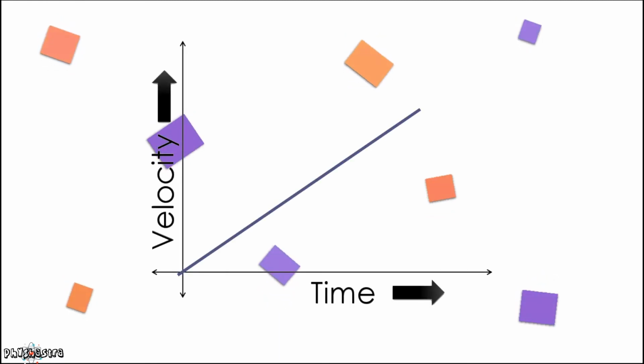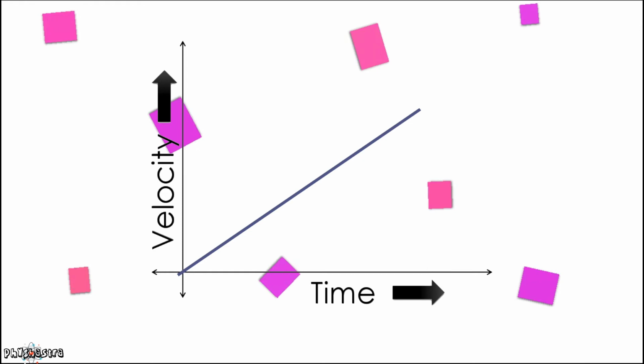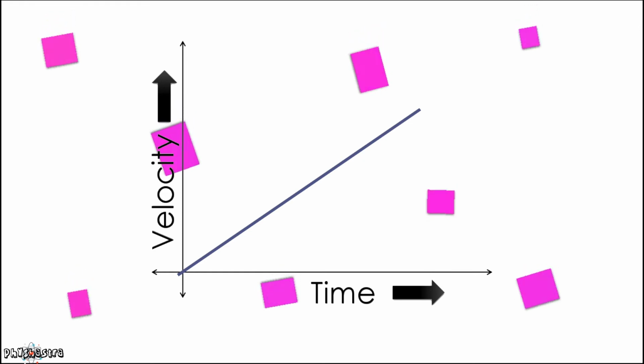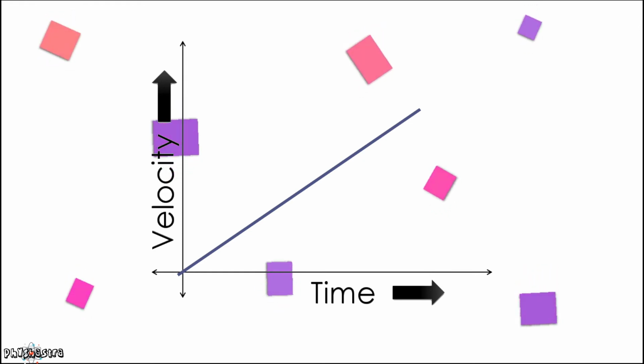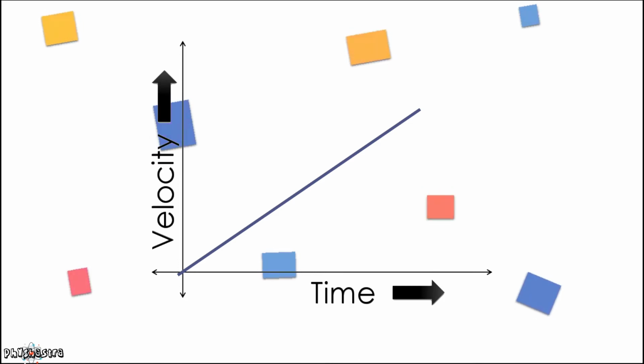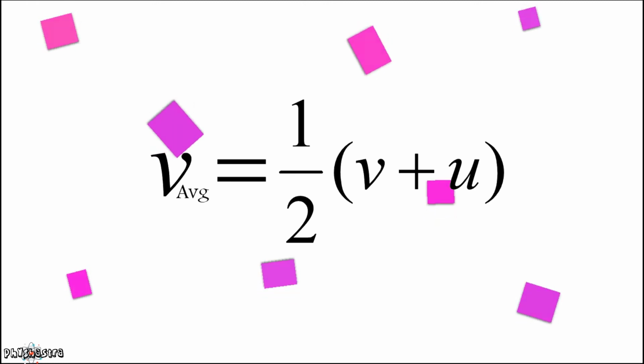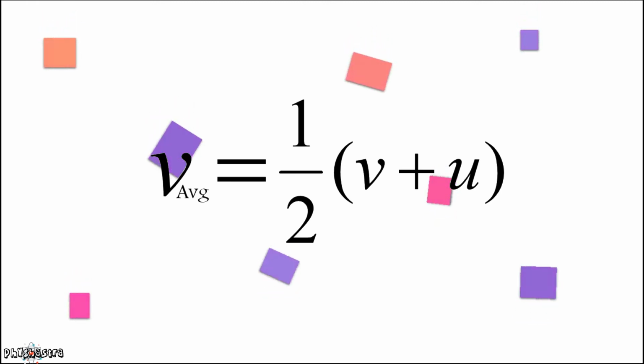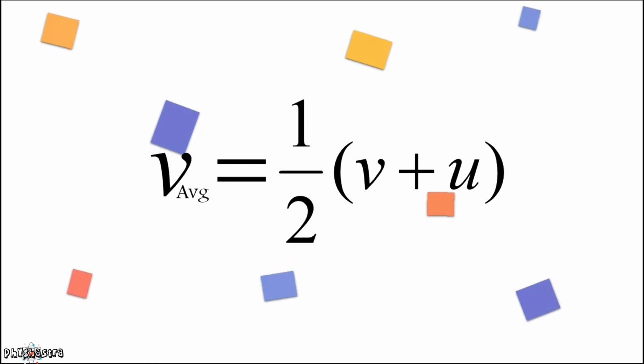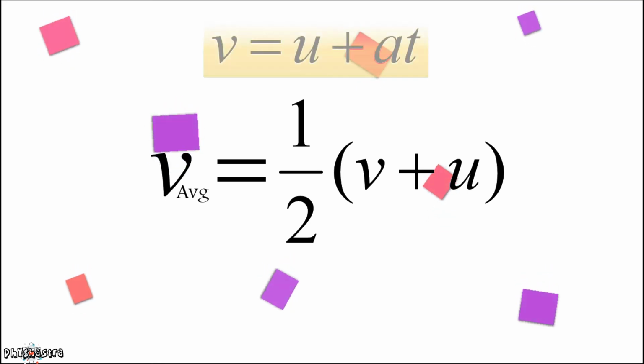Now we know that we have constant acceleration. You should have a linear nature of velocity, and due to that linearity, for an object starting from time equals 0, we can write the average velocity as the sum of initial and final velocity divided by 2. We know that the first equation of motion is v equals u plus a into t.